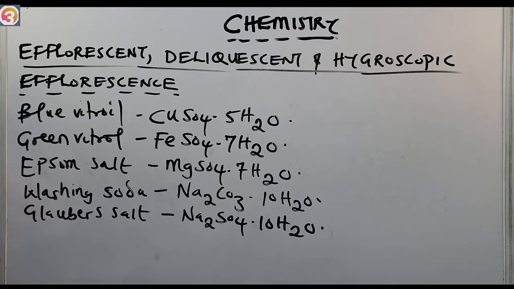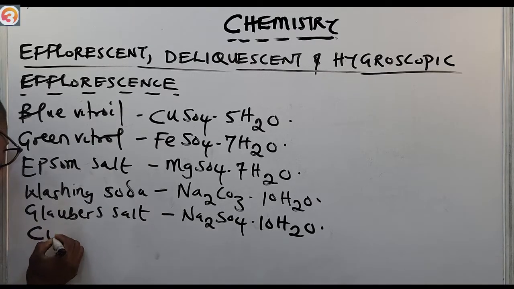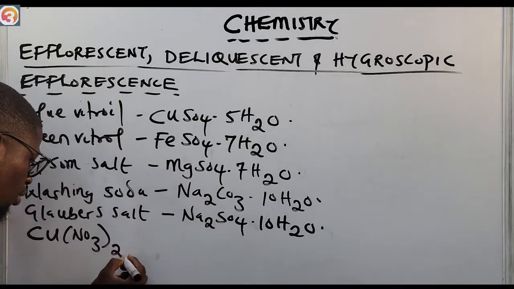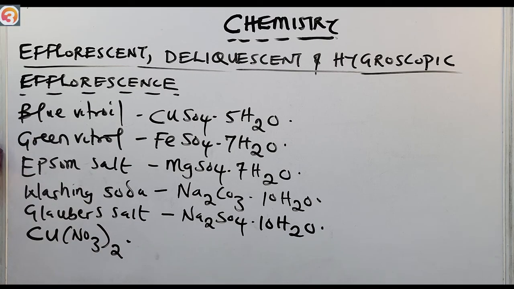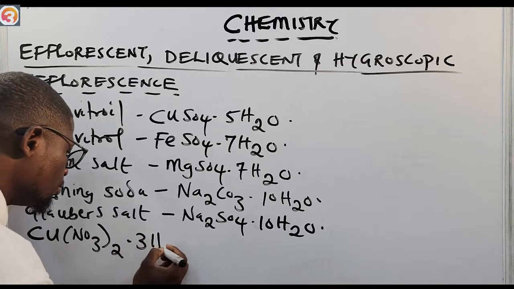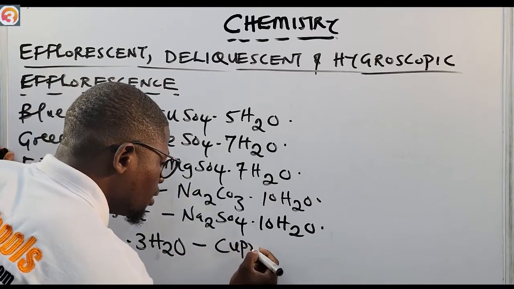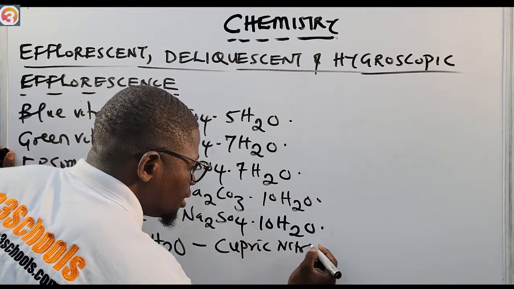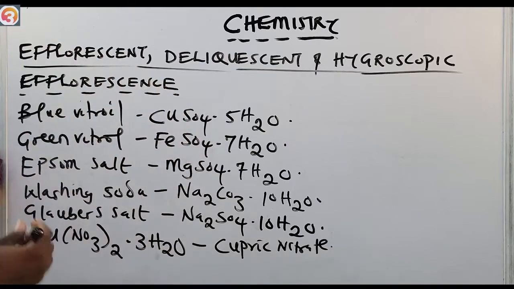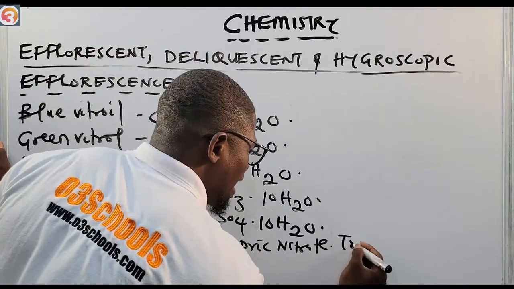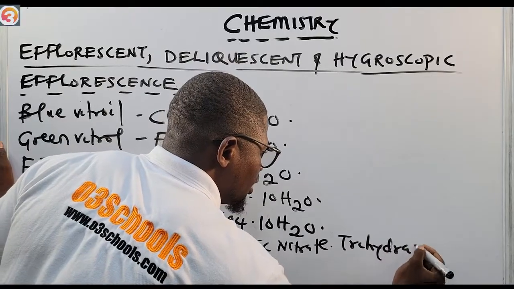Then we also have cupric nitrate, Cu(NO3)2.3H2O, which is cupric nitrate trihydrate.